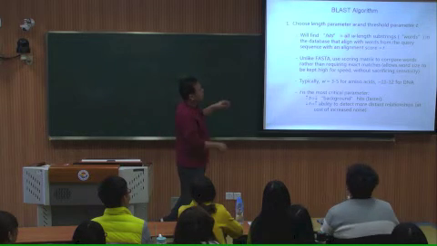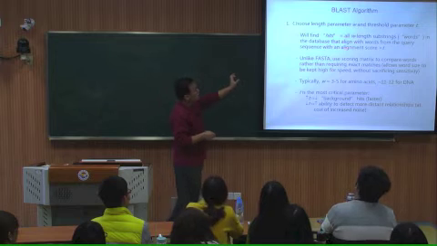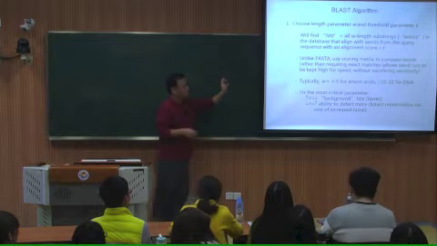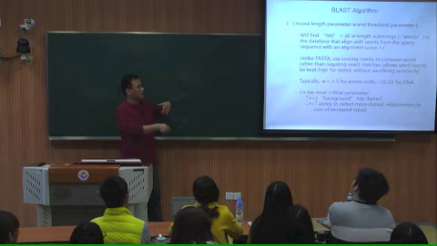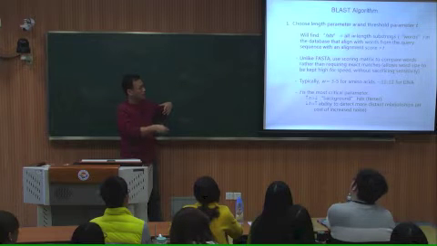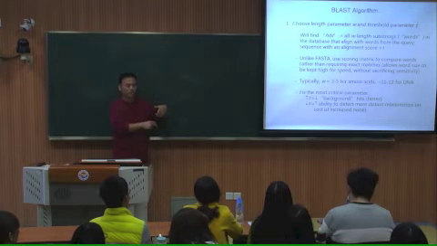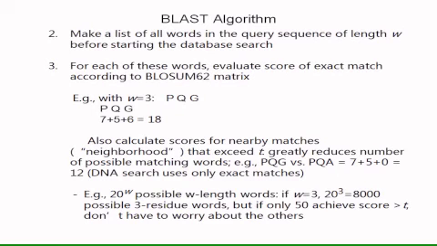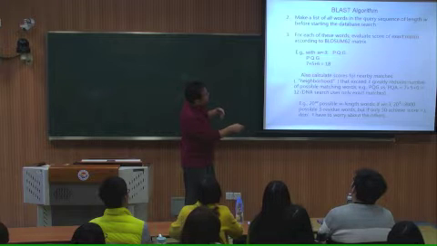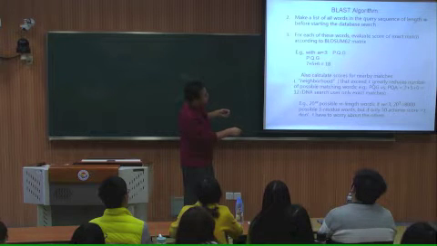In the first step, we choose a length parameter W and a threshold parameter T, and then we calculate all these similar words in the database compared to the query. Okay, so that's what we did. Make a list of all words of length W in the query sequence, and use the BLOSUM matrix to calculate all the scores.